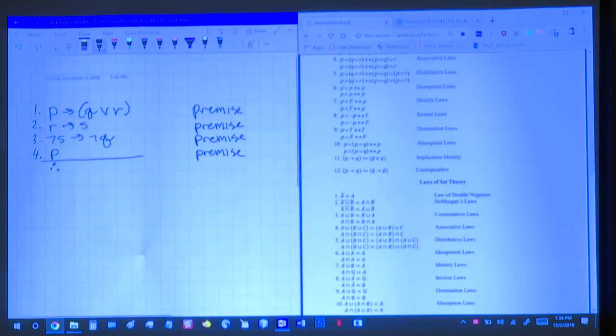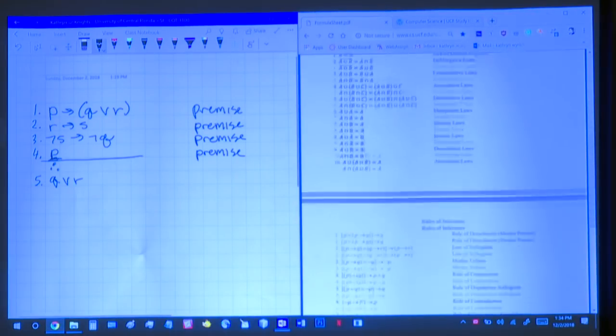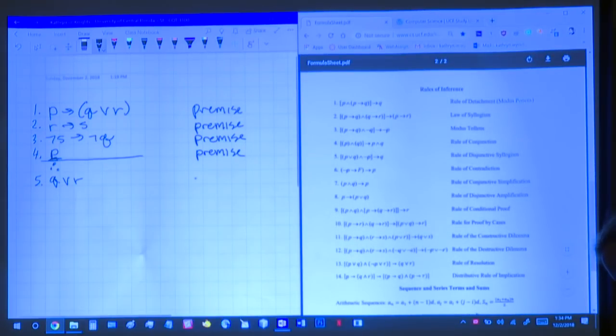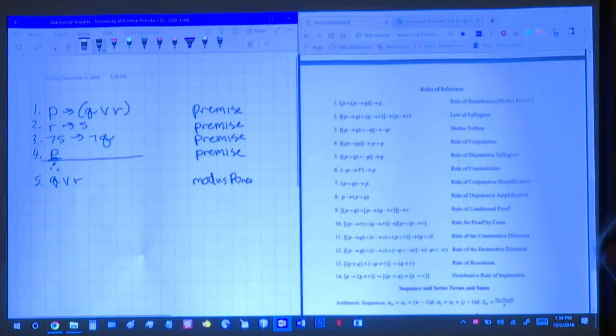The first thing I see is that we have P, and then we have P implies Q or R. So for step 5, we can write Q or R, and that would be modus ponens with 1 and 4.